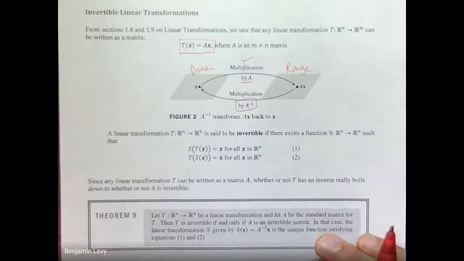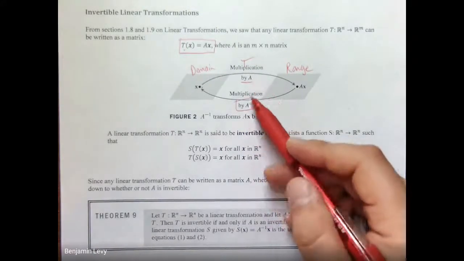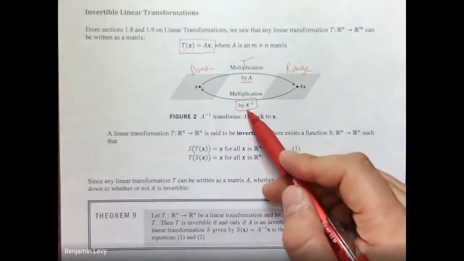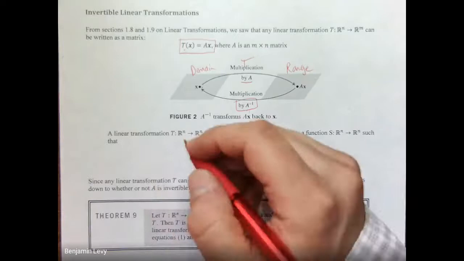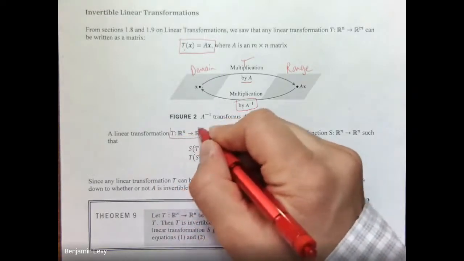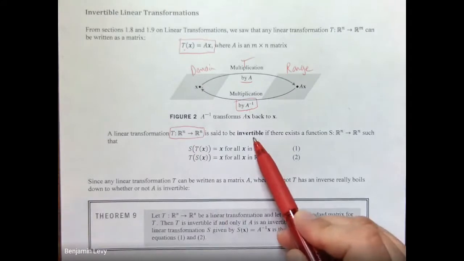But in order to talk about this having an inverse, we need to talk about a square matrix, because we need to have the inverse of the matrix, and only square matrices have inverses. And so that's why right here we're talking about Rn to Rn. We need to have a square matrix because we want it to maybe be invertible. Okay.